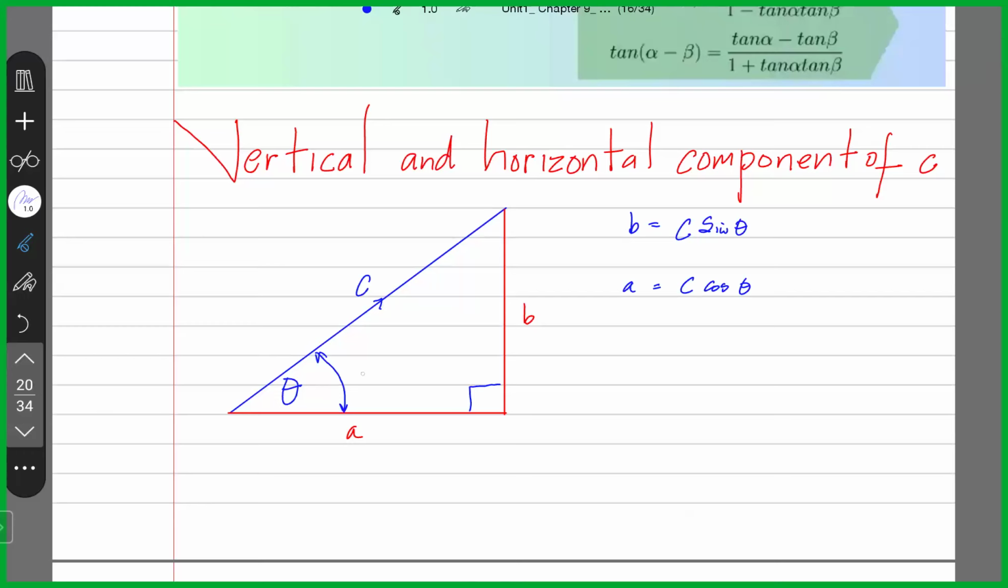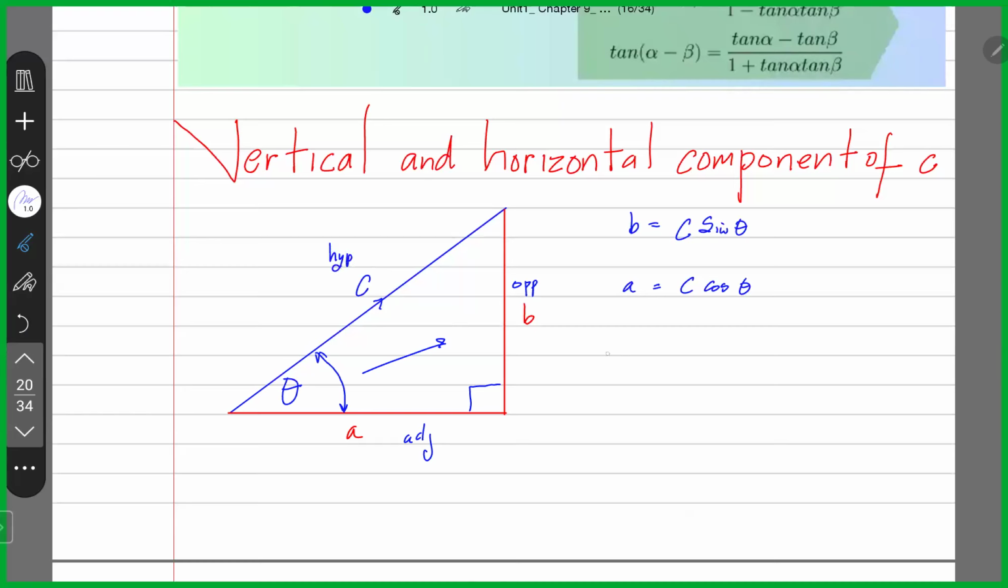B is opposite to the angle, and A would be adjacent.